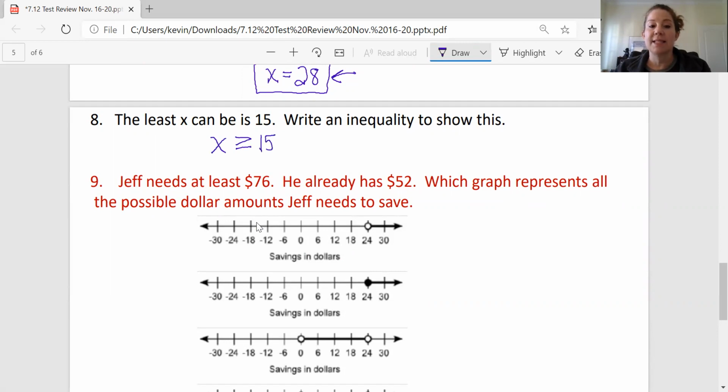It cannot be less than 15. So on our number line, 14, 15, 16, we would circle 15 and fill it in because it has an or equal to sign. And then our arrow, if this were an arrow, it would definitely be pointing to the right. That arrow and that inequality sign look the same if your variable comes first.